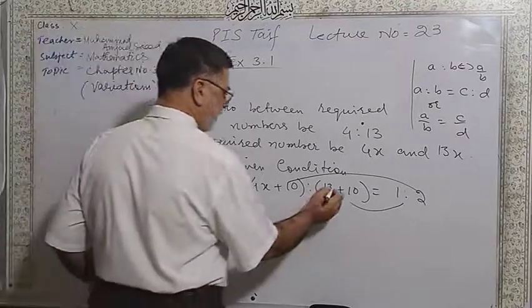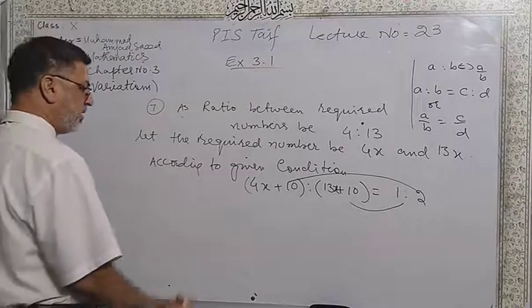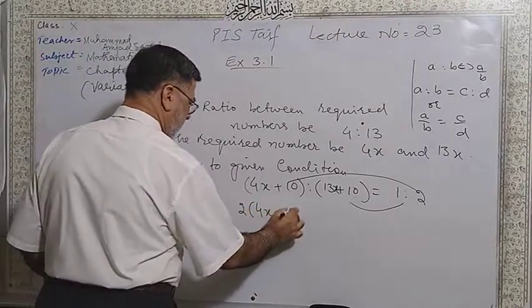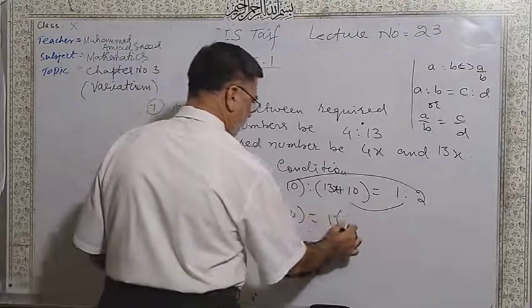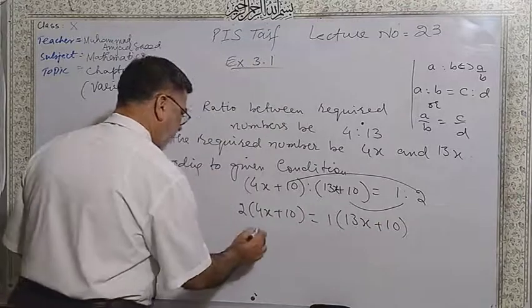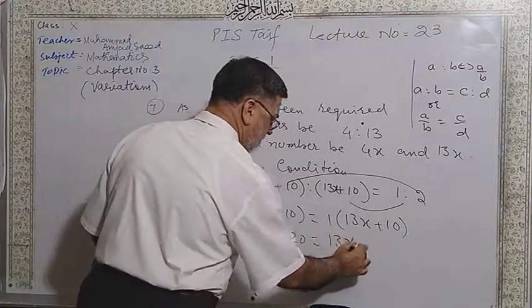Oh, sorry, this is 13x, not 13. Here is 2 into 4x plus 10 equals 1 into 13x plus 10. So 8x plus 20 equals 13x plus 10.